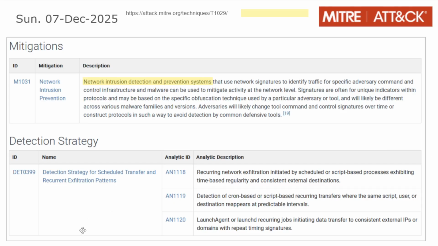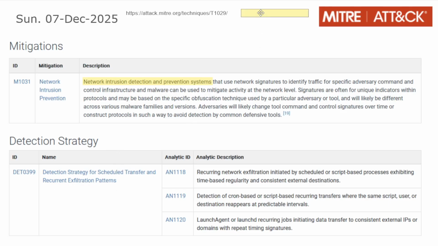And now let's take a look at the detection strategy for that. So detection is for scheduled transfer and recurrent exfiltration patterns. That's a good general terminology for that, I think. So let's mark that: recurrent exfiltration patterns. It's not just exfiltration. You want to look for any sort of recurrent patterns, I think.